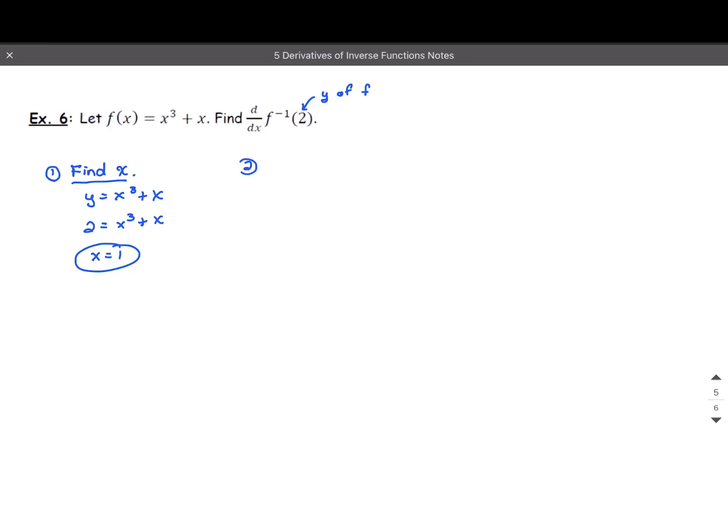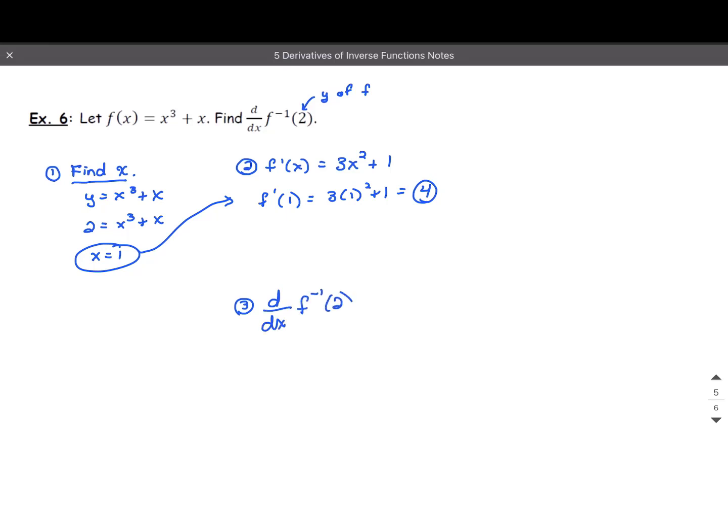The next thing we're going to do is find f prime of x, okay? The derivative of x cubed is 3x squared plus the derivative of x is 1. Now we're going to take that x value we found and plug it into the derivative. So it's 3 times 1 squared plus 1, which is 4. The next step is to find the derivative of the inverse at 2.